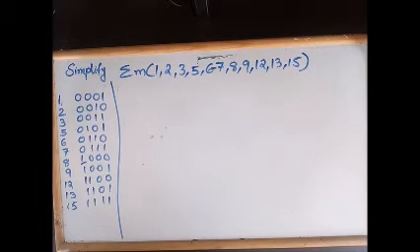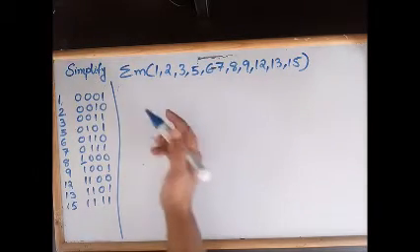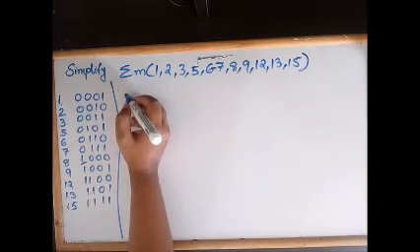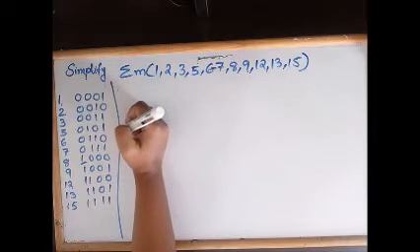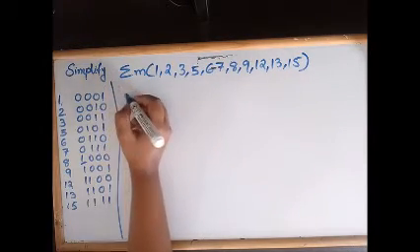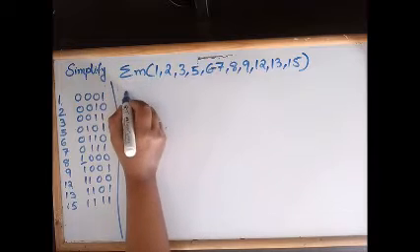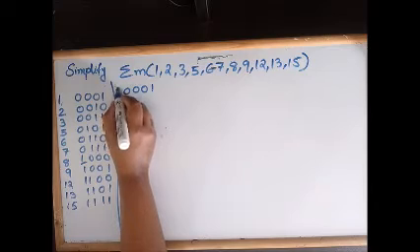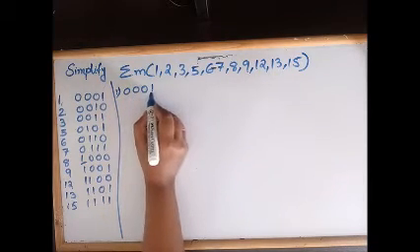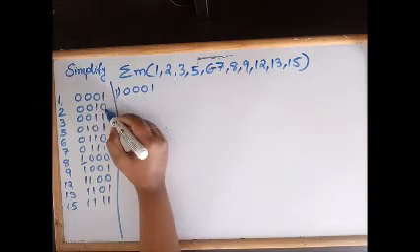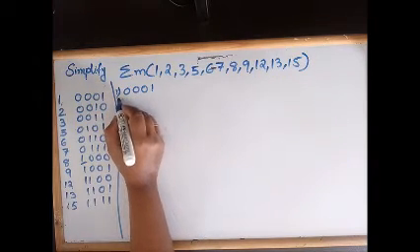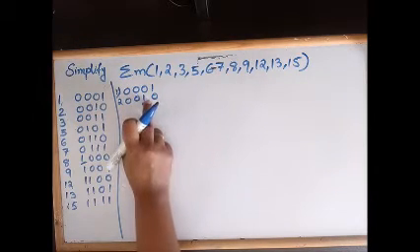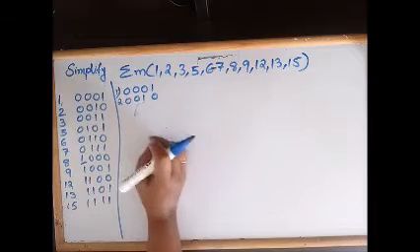What will be the next group? The next group will be the group containing only a single one in the number. That means when you consider 0, 0, 0, 1, corresponding to min term 1, it has only a single one. Then the next one, min term 2, again has a single one, that is 0, 0, 1, 0, so we can add this to the same group. Then identify the next element.